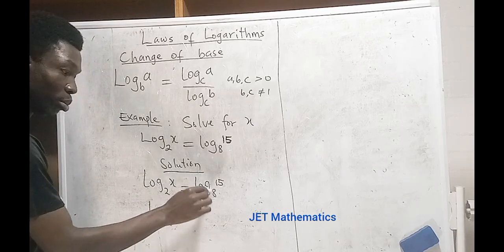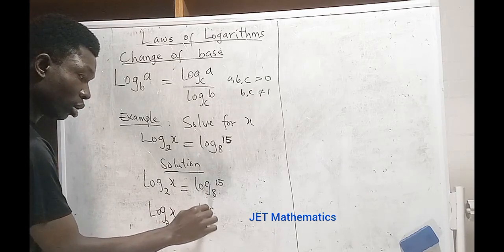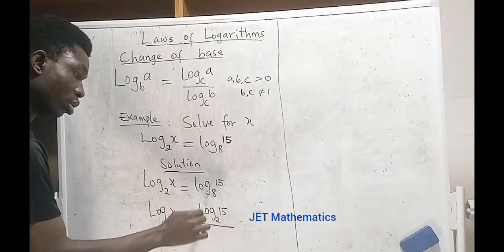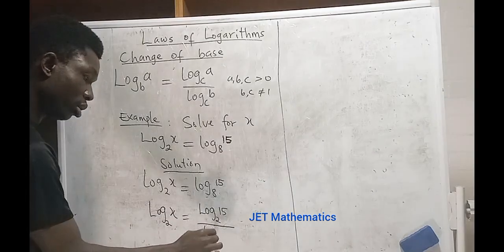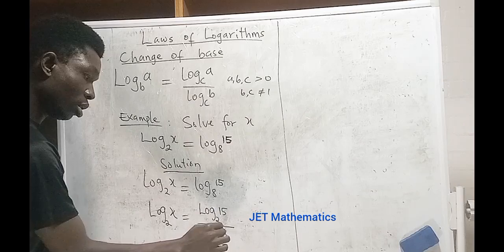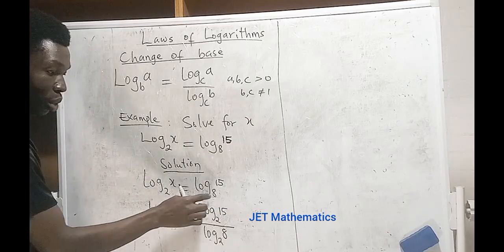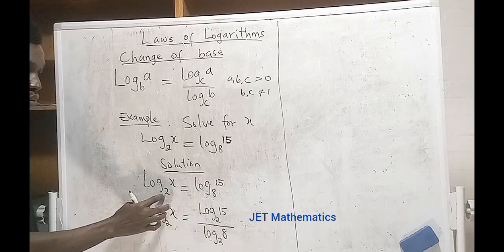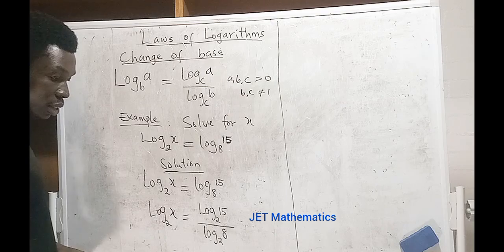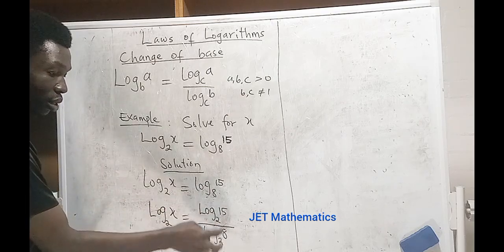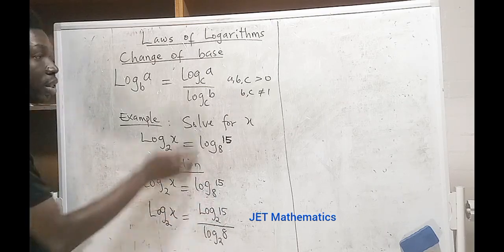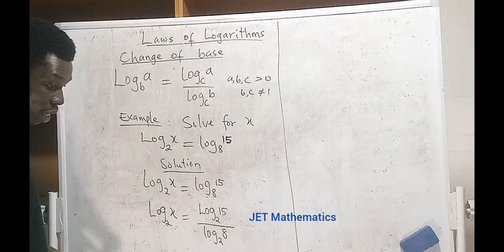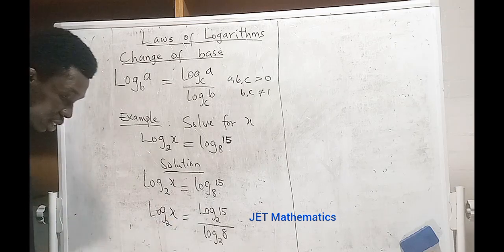We are going to change the base to log 2 15 over log 2 8. So we have changed the base from 8 to base 2 to match what we have on the left hand side. And then here we have 8 and 15 and 8, just as we did from the law.